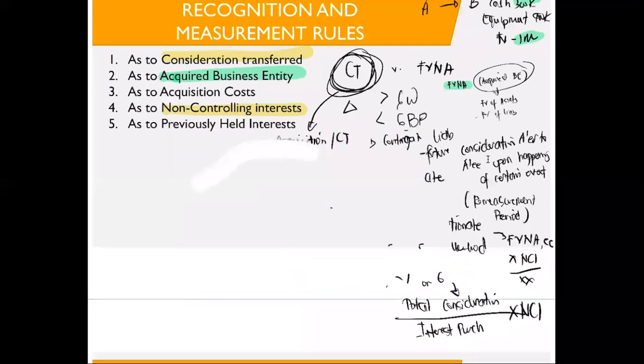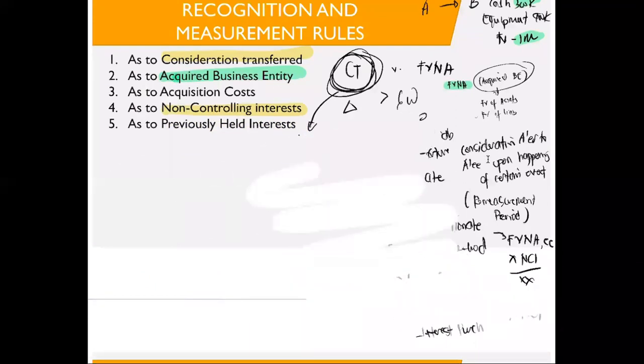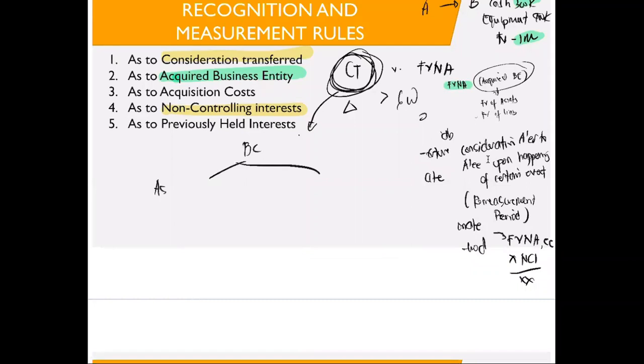To compute it, we need to look at the type of business combination. So we either have your asset acquisition or stock acquisition. So again, we need to compare the consideration transferred to your fair value of net assets.